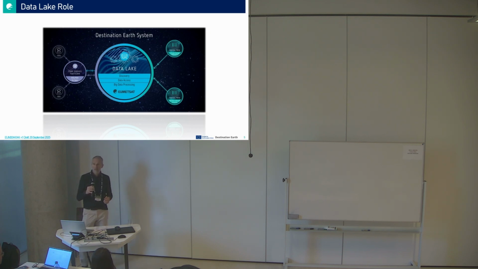And the data lake itself offers 3 main services: discovery of the data set and the data portfolio, data access to the whole Destiny data portfolio. We have about 200 data sets, and then big data processing, how you can actually combine all the data together and do as well model development, etc., AI/ML, and take then the results away.